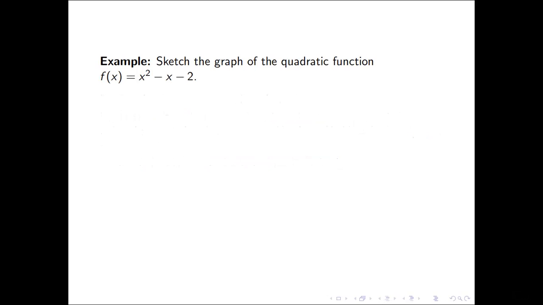Since from now on, we will be dealing with functions, the graphs will be parabolas for quadratics, okay? Parabolas that open either upwards or downwards. So let's consider this quadratic function. f of x equals x squared minus x minus 2.